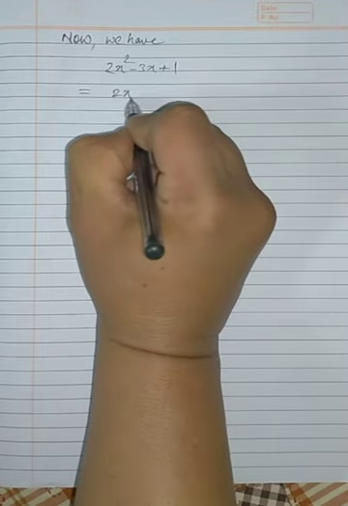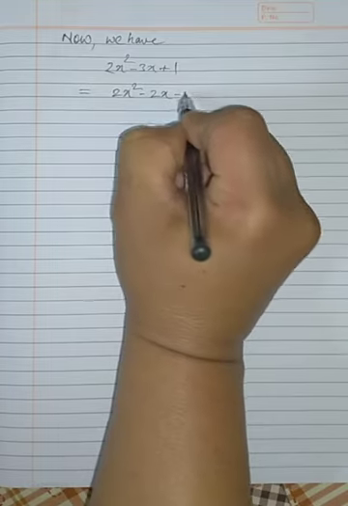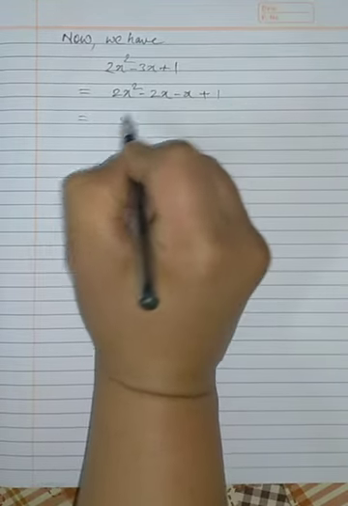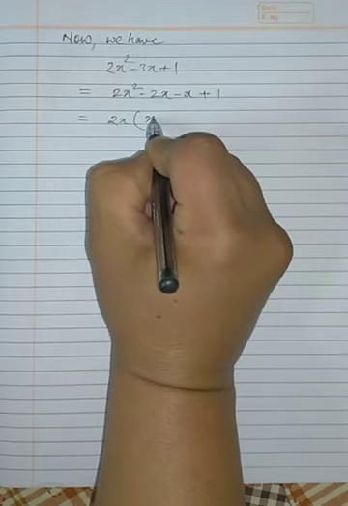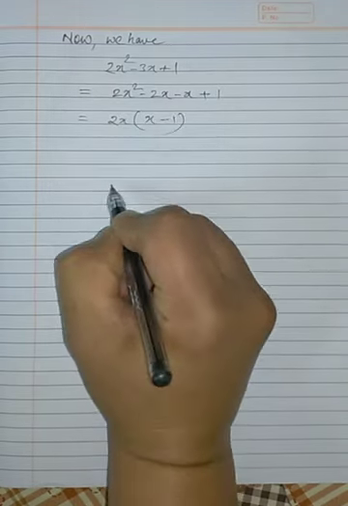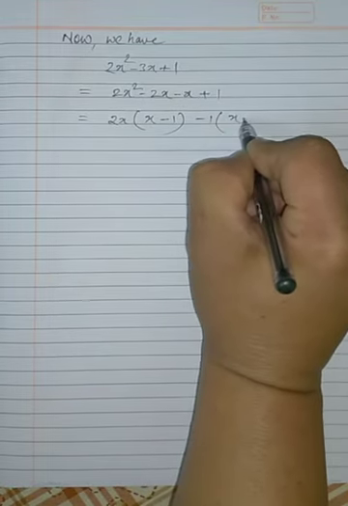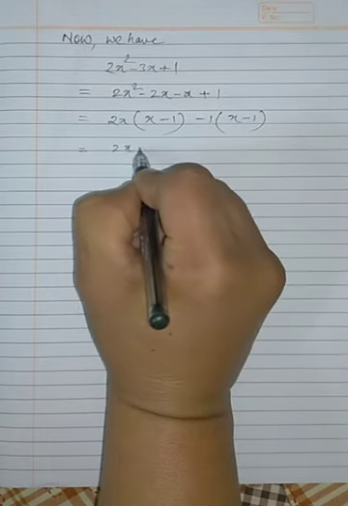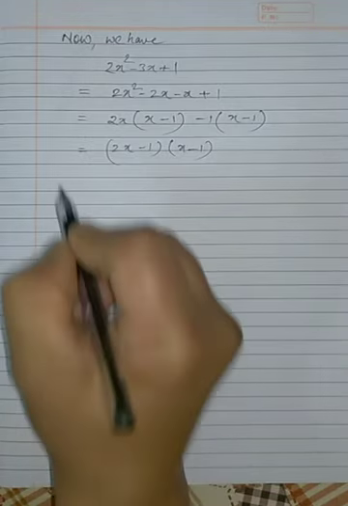So it is 2x square minus 2x minus x plus 1. From the first two terms, we take out common 2x, we get x minus 1, and from the last two, we take out common minus 1, we get x minus 1. That implies 2x minus 1 and x minus 1 are the two factors.